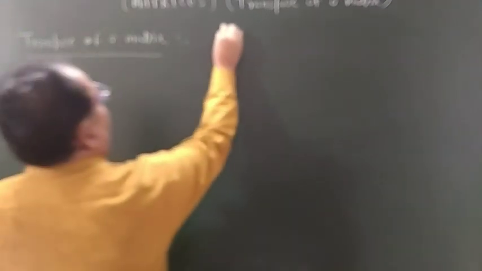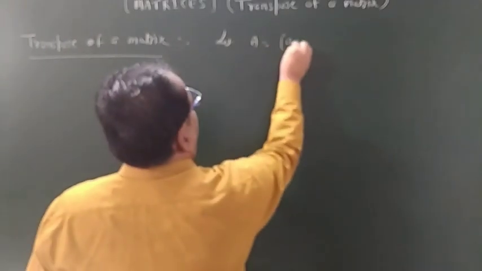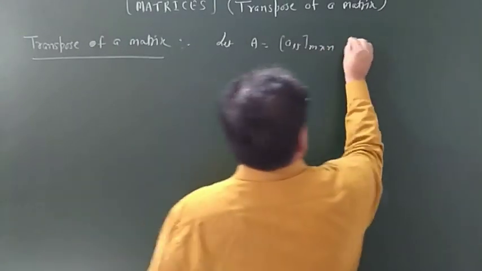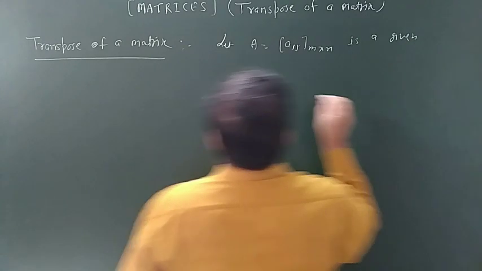Transpose of a matrix. Let A equal to Aij m by n be a given matrix.